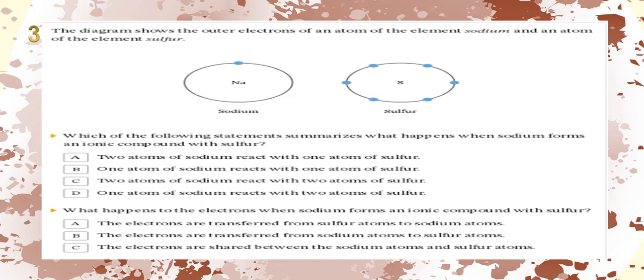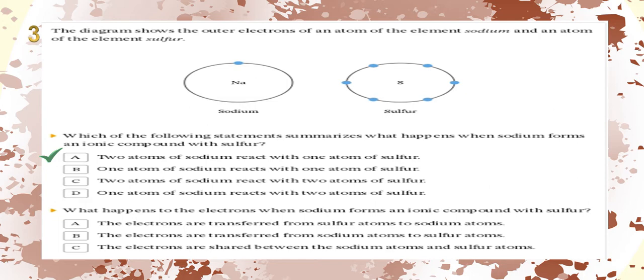Number C, 2 atoms of sodium react with 2 atoms of sulfur? No. So the right answer is number A, 2 atoms of sodium react with 1 atom of sulfur. The other question in this part: what happens to electrons when sodium forms an ionic compound with sulfur?